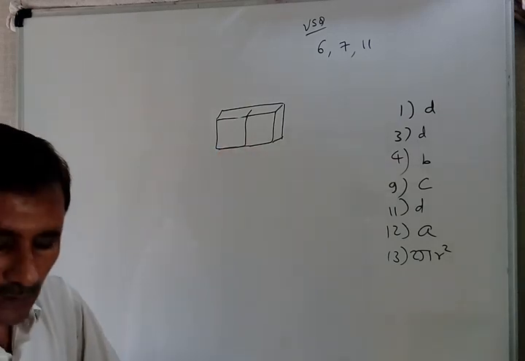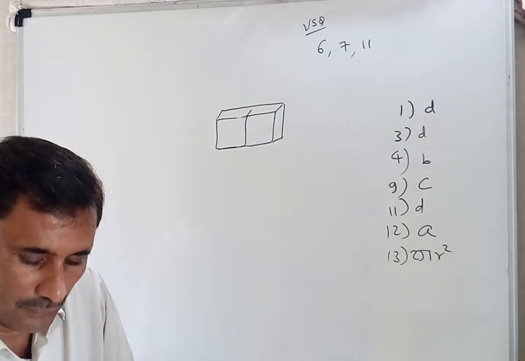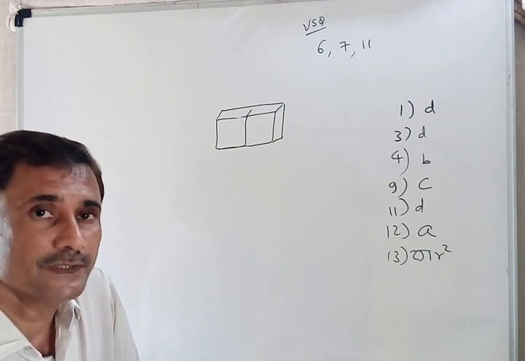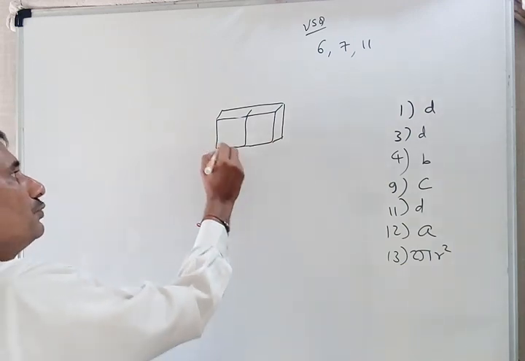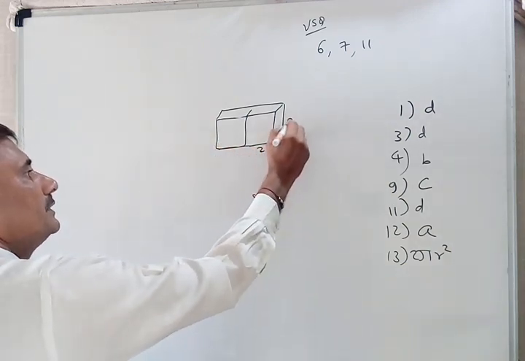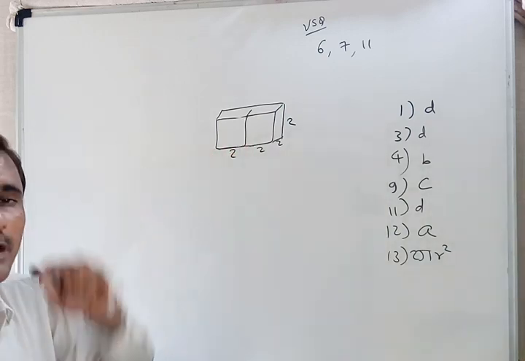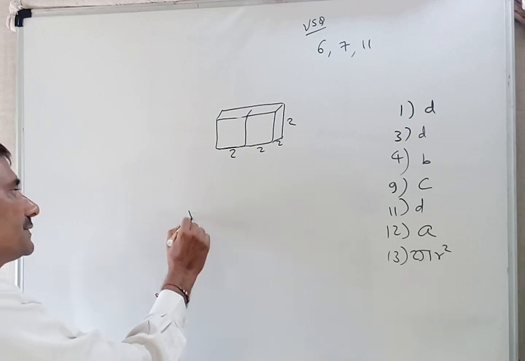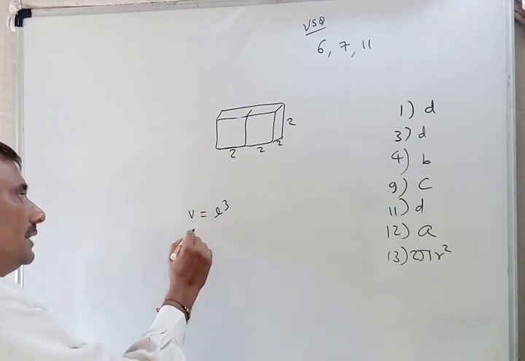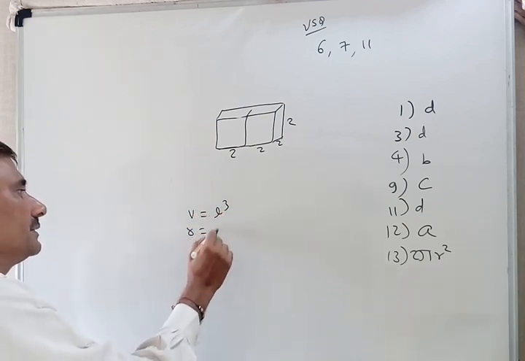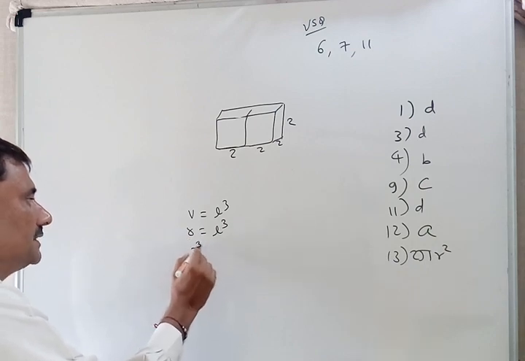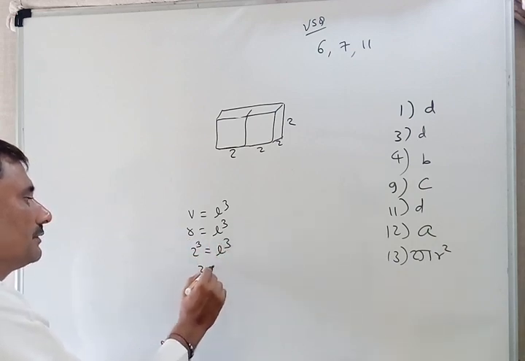Now, they have given the volume of the cube. If volume is 8, then length becomes 2 only. Length becomes 2 of both cubes. Why? Because V is equal to l cube. If 8 is given here, then obviously 2 cube is equal to l cube, so 2 equals l.